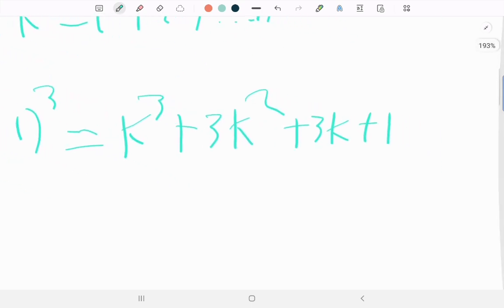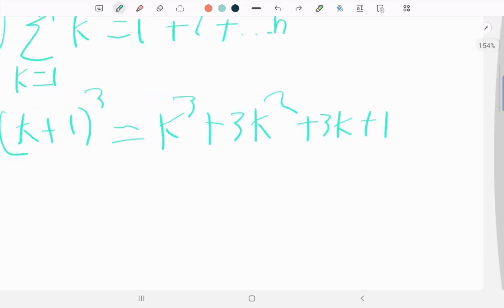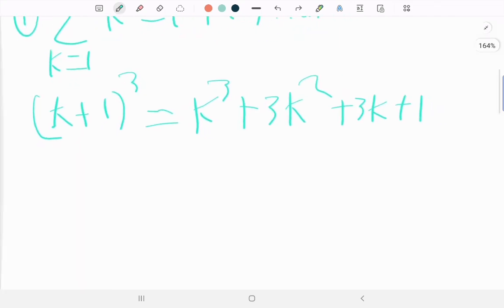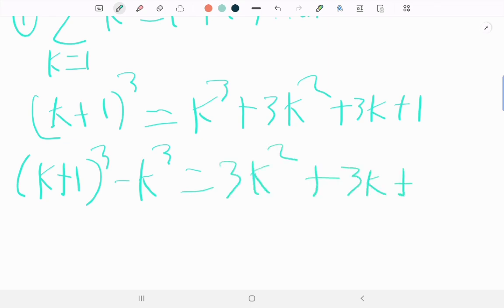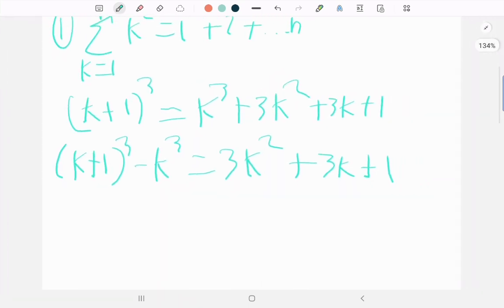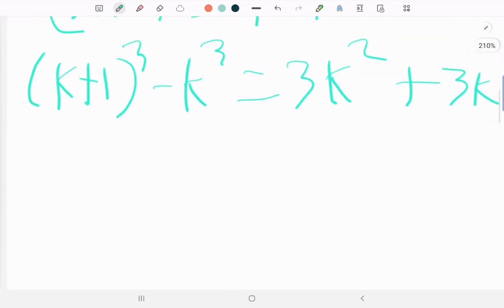And we can see that it also has a k squared. So let's isolate. Therefore, we get that k plus 1 cubed minus k cubed is equal to 3k squared plus 3k plus 1. So now, let's take the sigma summation of both sides.